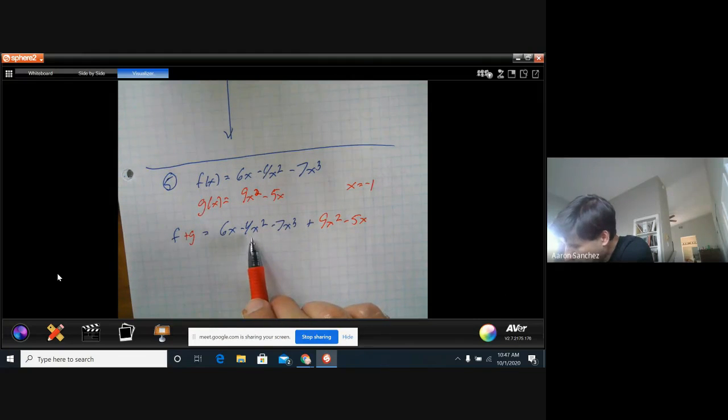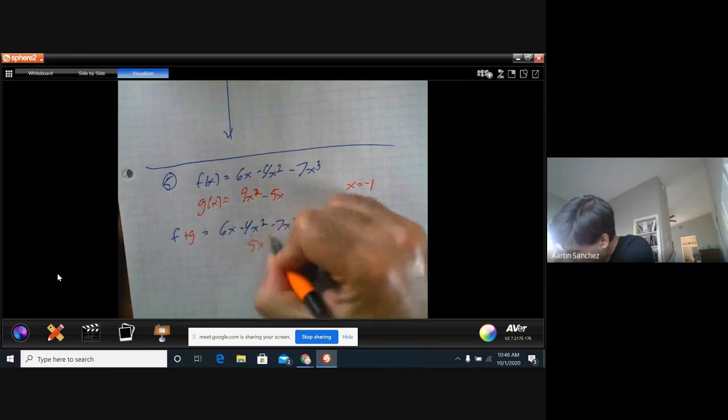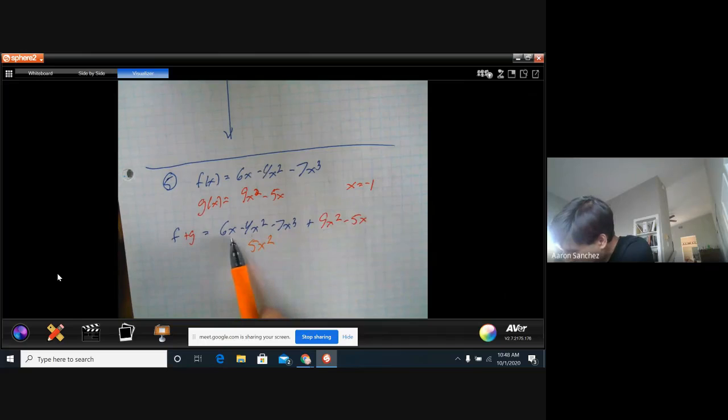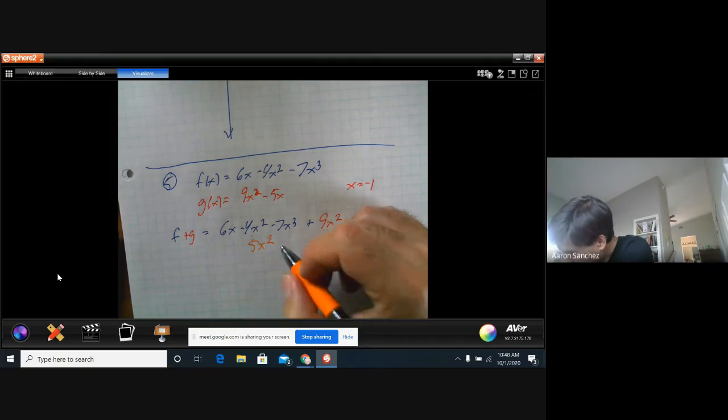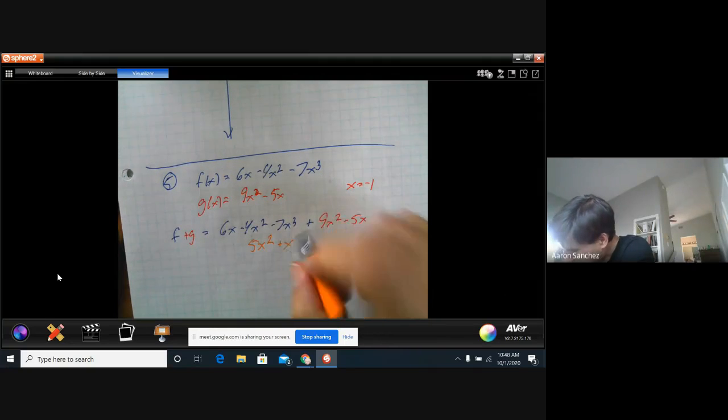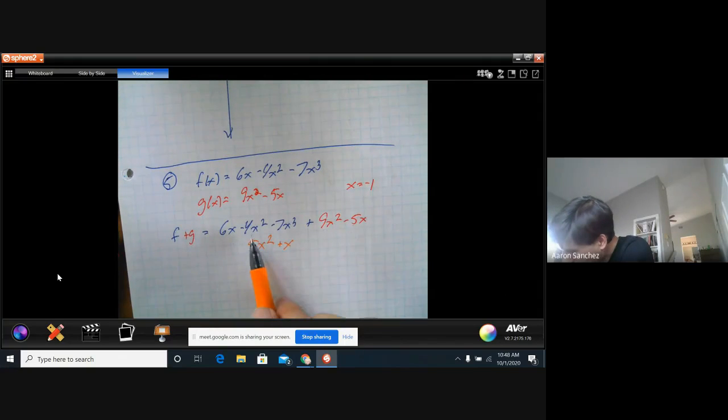So let's add the squares first. -4x squared plus 9x squared would be 5x squared. And then 6x minus 5x is plus x.